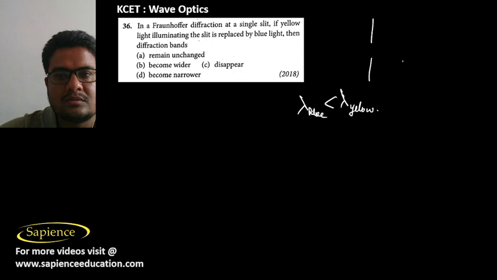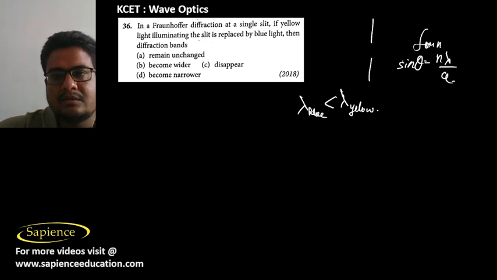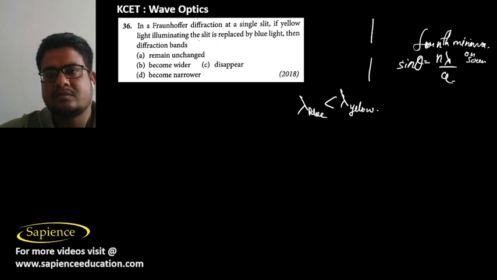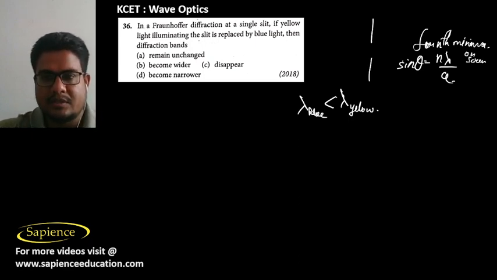For the nth minimum on the screen, sin theta is given as n lambda by a. For the nth diffraction minimum or nth dark fringe on the screen, sin theta is equal to n lambda by a.